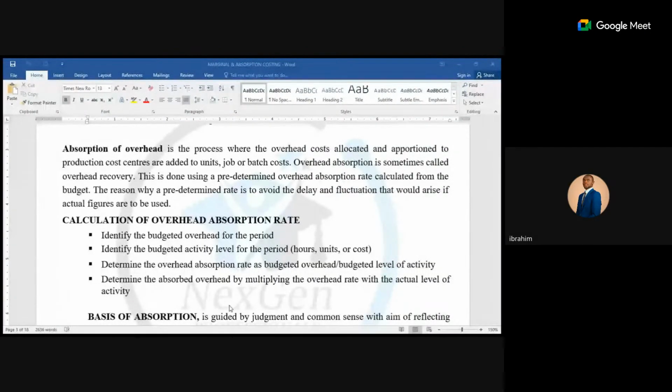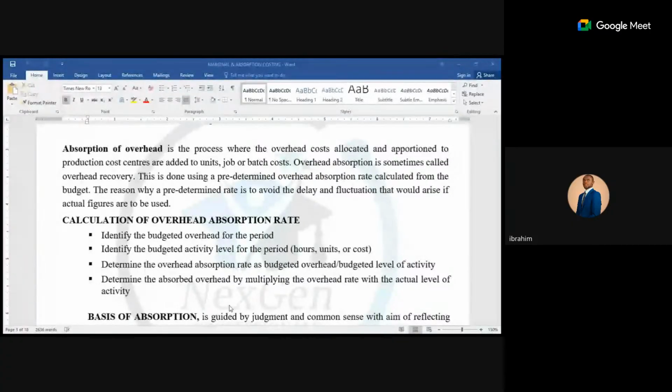When you want to absorb overhead, absorption is based on the company policy. The policy may state that it is based on units produced, so calculate your overhead absorption rate based on units produced.